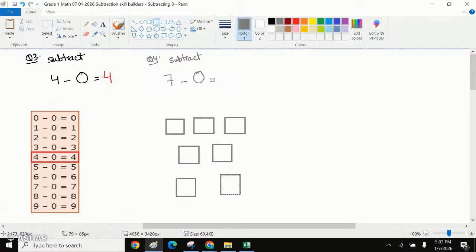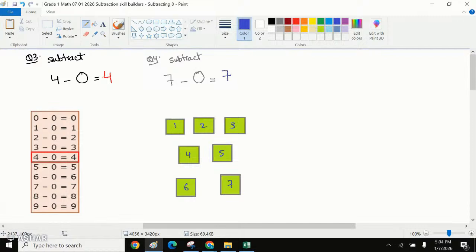Let's suppose we had these 7 squares, and we are not giving away any of these boxes. That means what we had in the beginning, we will keep till the end. How many would be left? 1, 2, 3, 4, 5, 6, and 7, right?